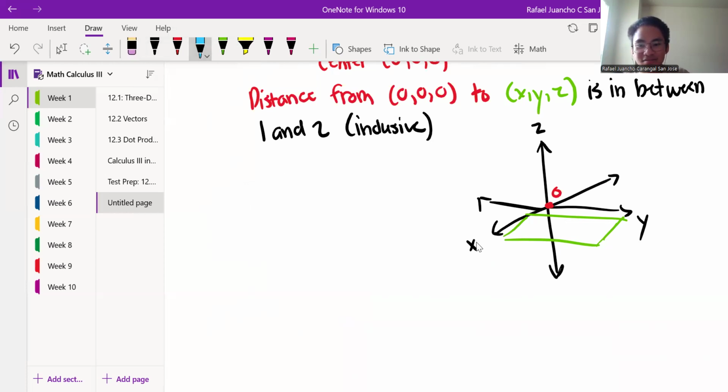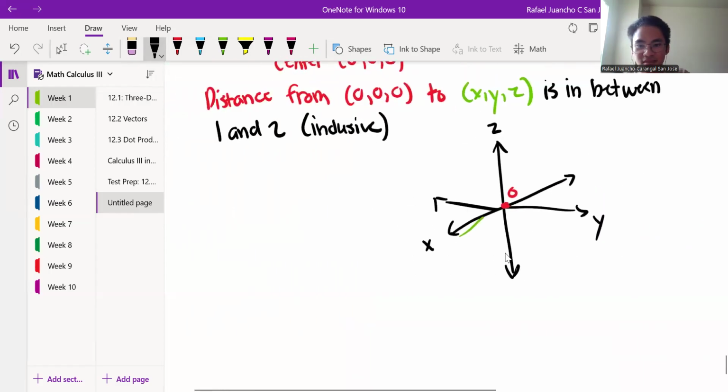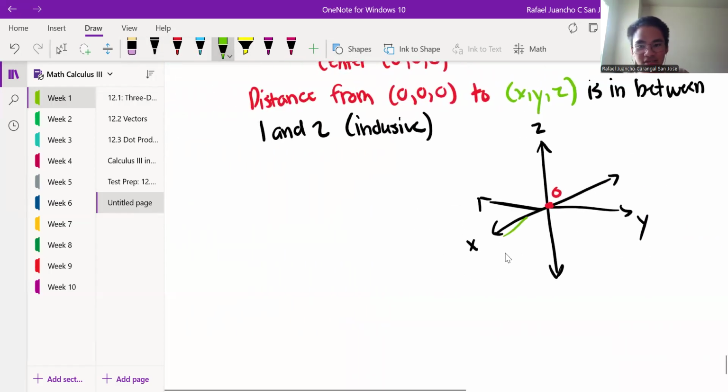Or actually, we can do it in one of these. Why not? Let's do one layer of the sphere. Let's say z is here, right? Z could be like what? Like 4, -4. Actually, wait, the simplest case is when z is equal to 0. Let's do that first.